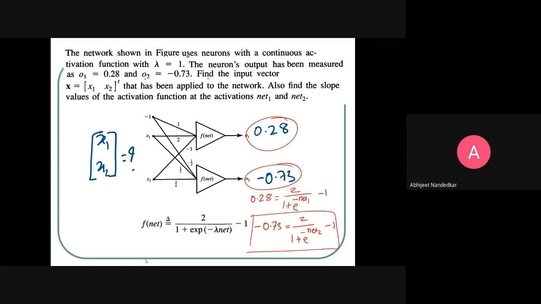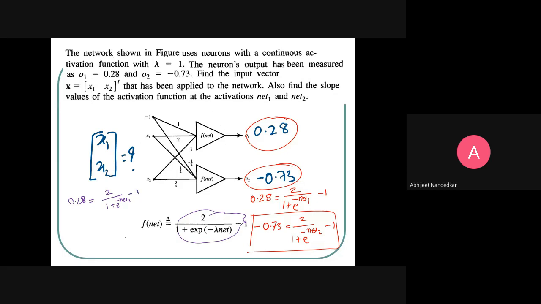Now the activation function is this one. So what we can do here is, you know that we have this activation function. So 0.28 is equal to, for the first neuron, 2 divided by 1 plus e to the power minus net 1, minus 1.